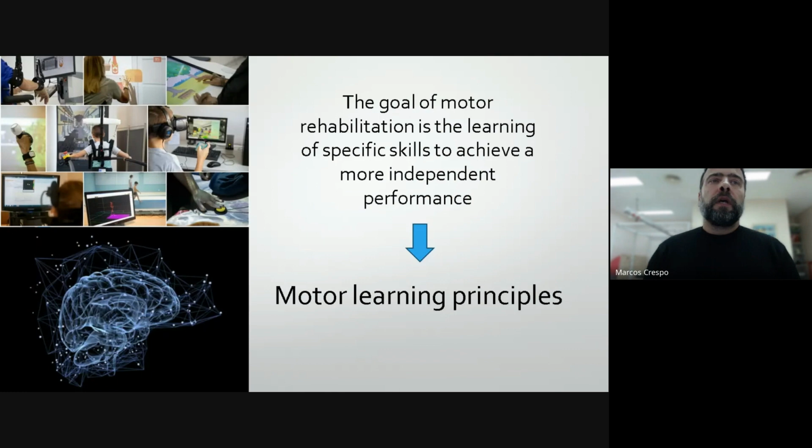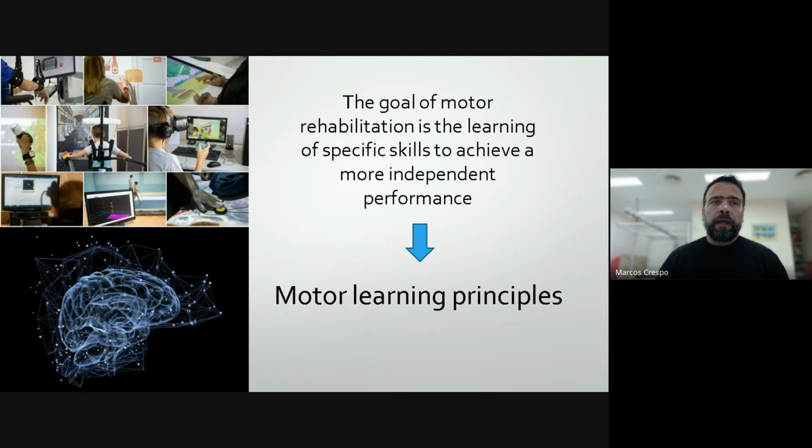About the goal of motor rehabilitation, we know that it is the learning of specific skills to keep independence in function in daily activities.